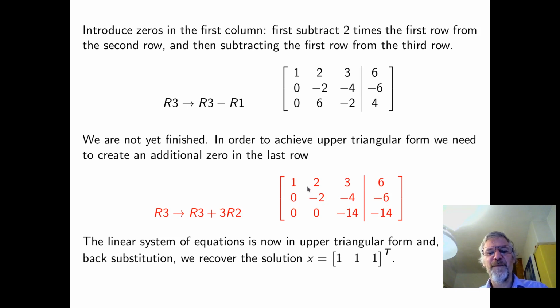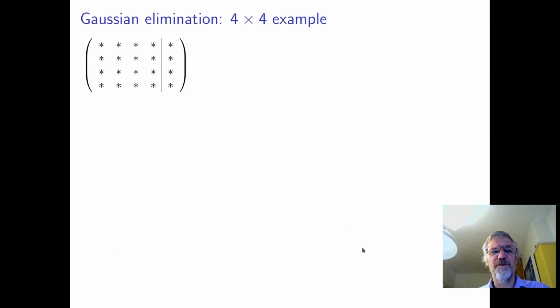And then knowing that these are both 1, we're thinking 6 minus 2 minus 3, that's 1 as well. So the solution we can actually see is 1, 1, 1, but I got that by back substitution.